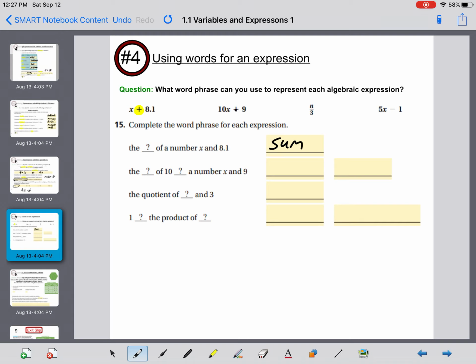Again, I see addition in number 2, but I also know when a number and a letter are together, that really means multiplication. So again, addition is the sum, so the sum of 10 times a number x.